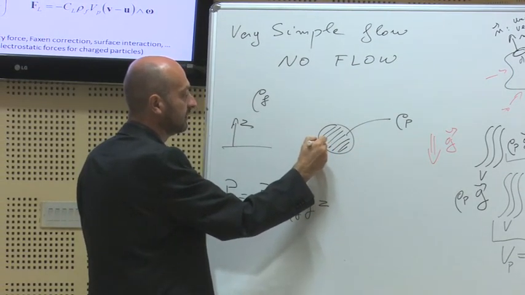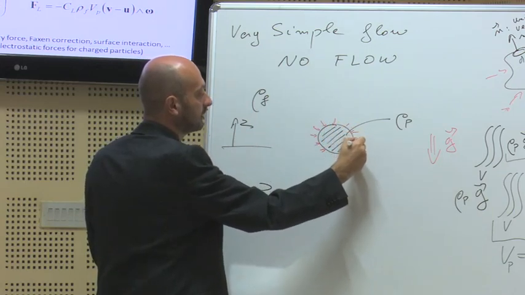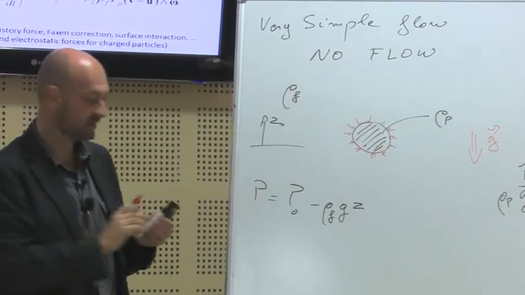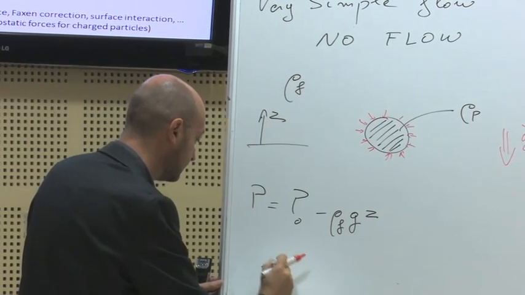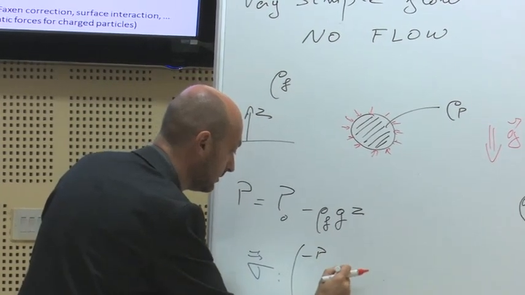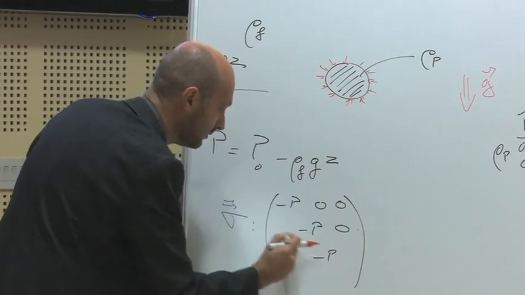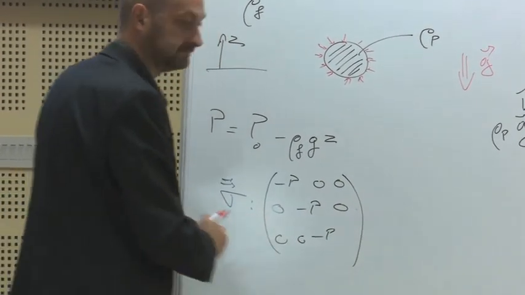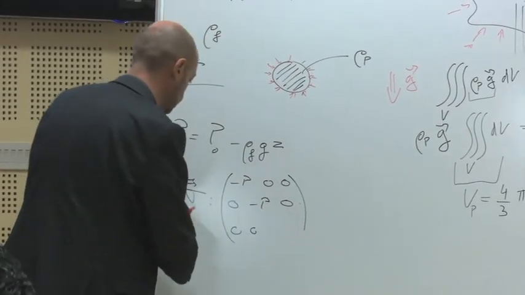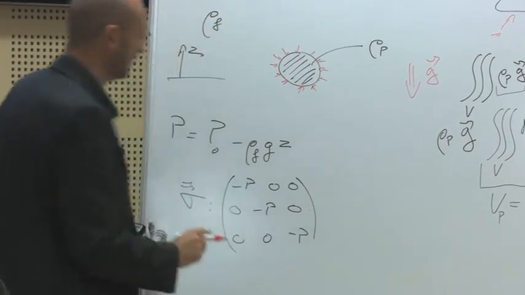So it is pushing like this. The pressure is always a stress which is normal to the surface. So if you have to write sigma, the stress tensor is actually minus P on the diagonal and 0 elsewhere.